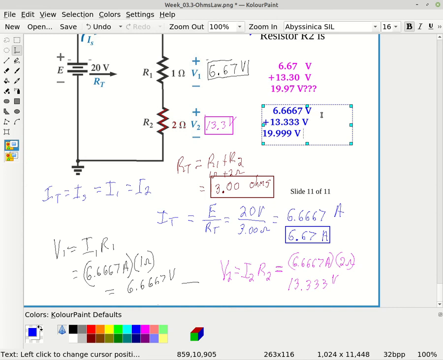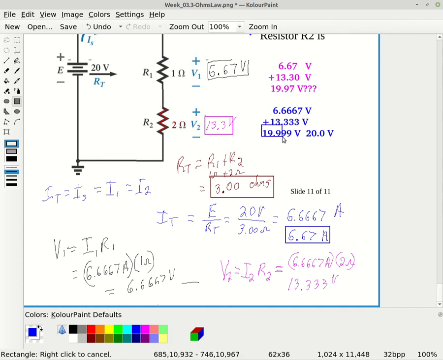It's still off. In this case, if we round either one of those up, we would still end up with 20.0 volts. But you see how 19.999 is at least closer to 20 than 19.97.